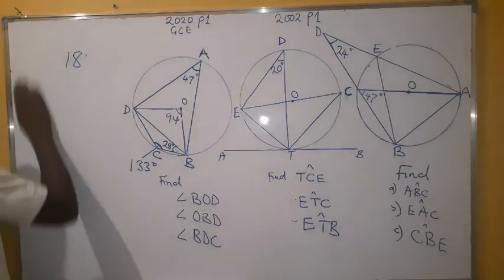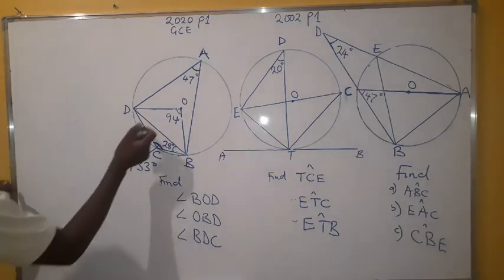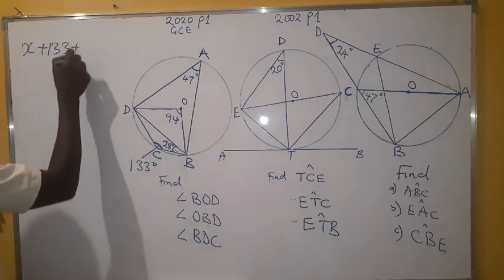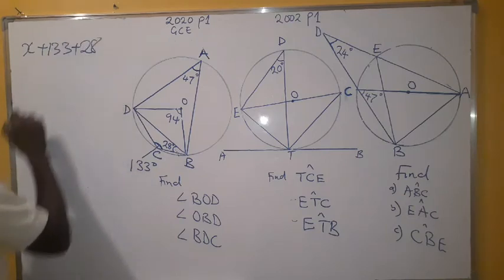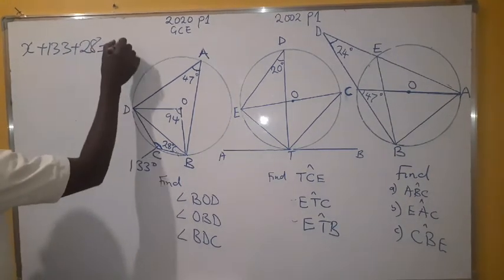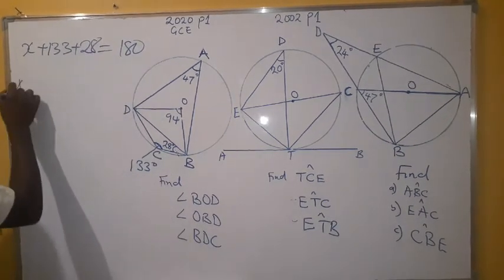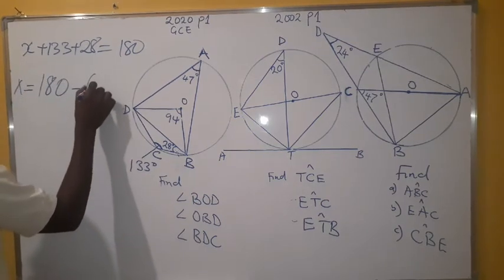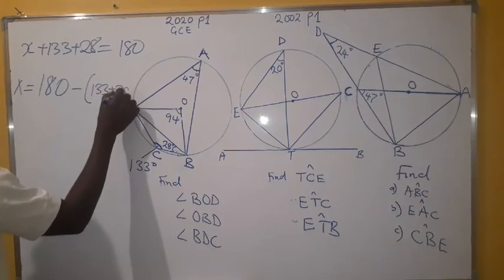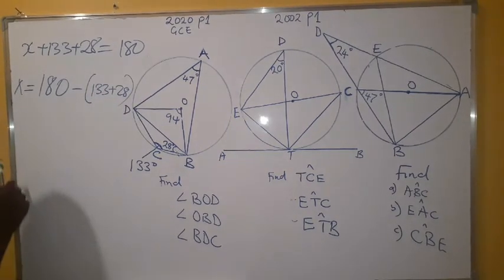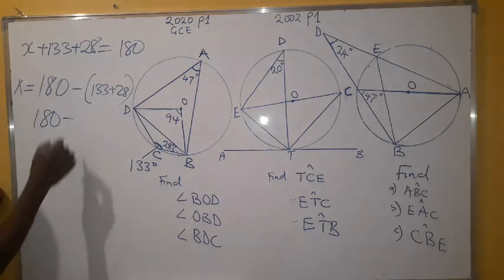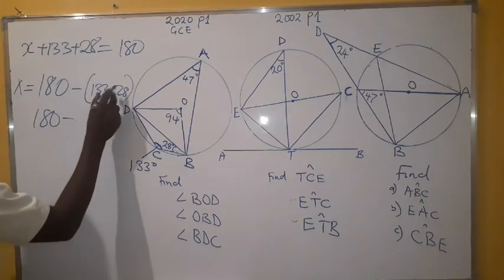So to get what we do not know here, x, we can say 133 plus 28 plus x is equal to 180. So x, which is what we are looking for, is equal to 180 minus 133 plus 28. Okay? So 180 minus, let's add this one. What do we get? 28 here.